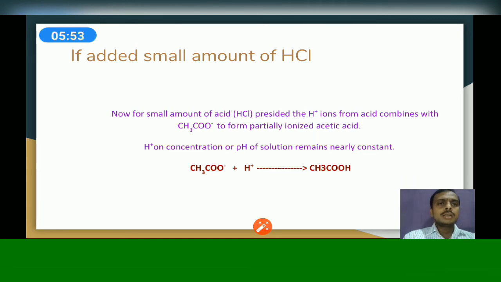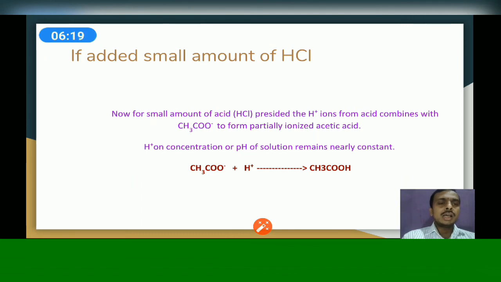Already the acidic buffer contains weak acid and ionized acetate ion and H plus ions. Means in the solution we have H plus ions in more concentration. That means acidity increases or pH decreases, but it does not happen here.